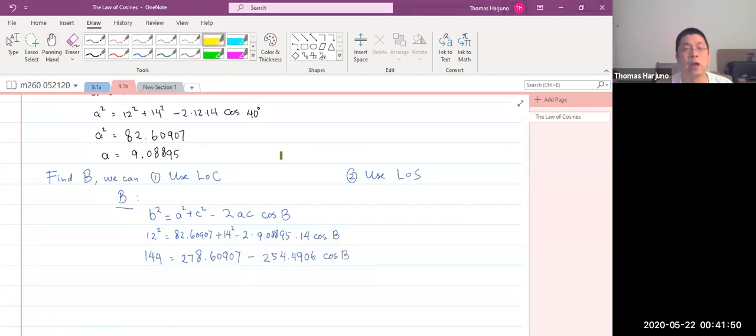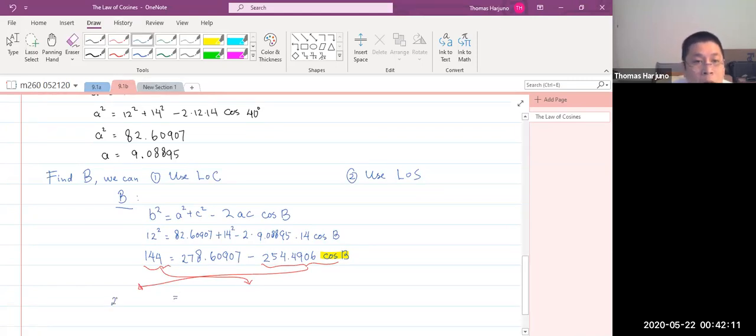Okay, don't forget, this is what I need to solve before I solve for B. Then I will move this chunk here to the left-hand side and this part here to the right-hand side. Of course, you can do it another way though. Don't get me wrong.